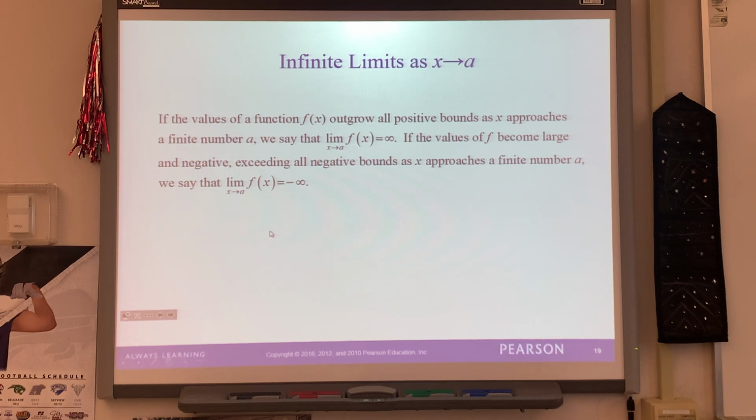So if the values of the function outgrow all positive bounds as x approaches a finite number a, we say that the limit as x approaches a of the function is infinity. And we say infinity because it outgrew all positive bounds. If it outgrew all negative bounds, as you see here in the next sentence, we'll say that the limit as x approaches a of that function is equal to negative infinity.